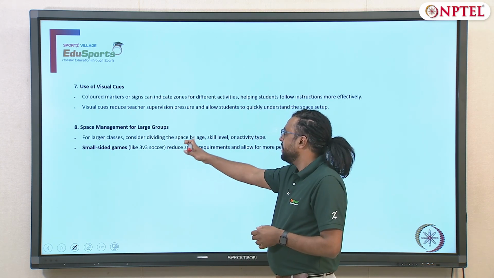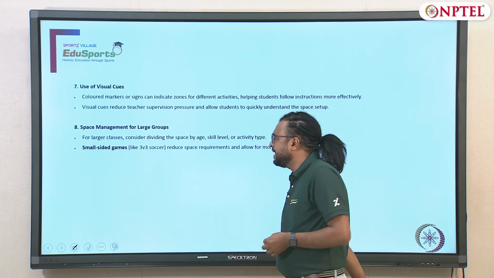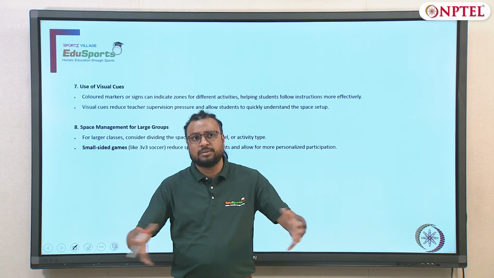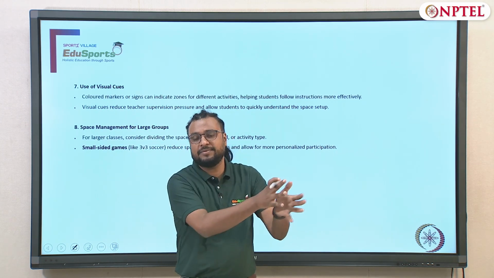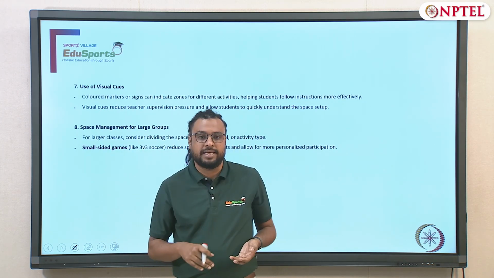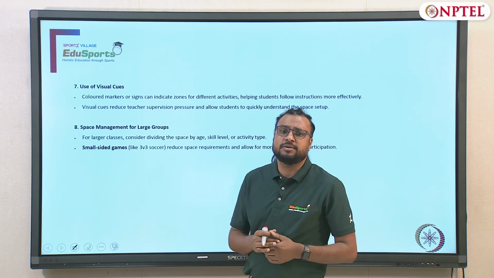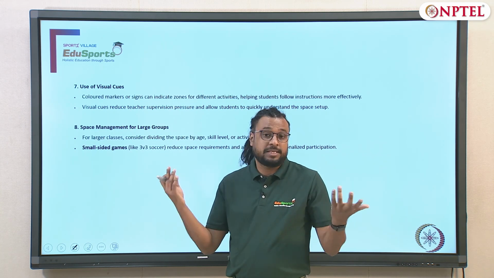That can be easily achieved through proper space management. Small sided games are basically to reduce the clutter in one big field. Instead of everybody playing together, you play small sided, divide them into groups, and everybody is engaged. These are some of the efficient ways of managing the space, but there are plenty.